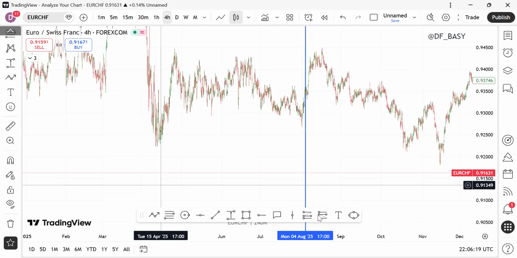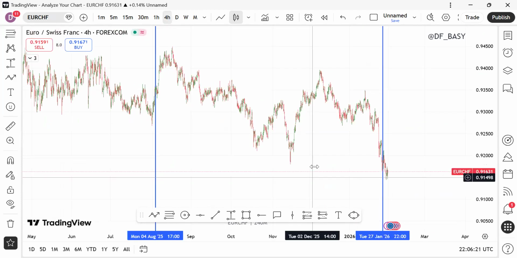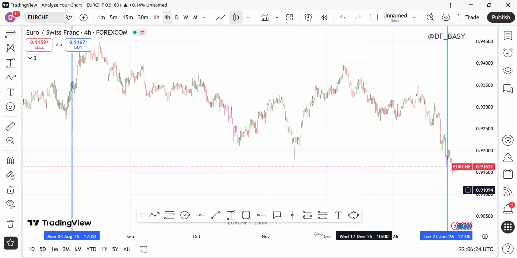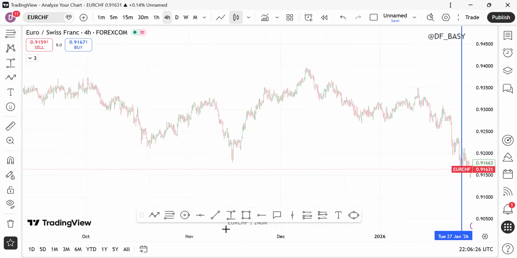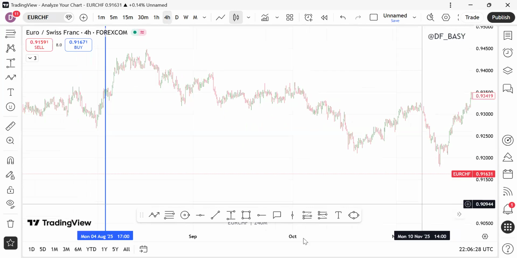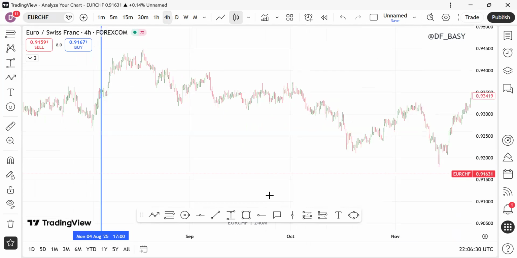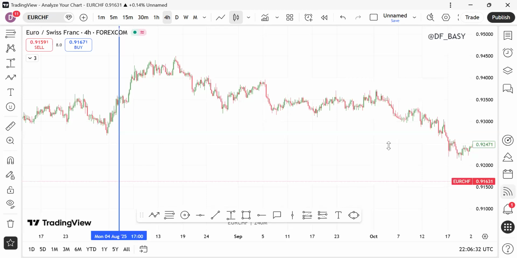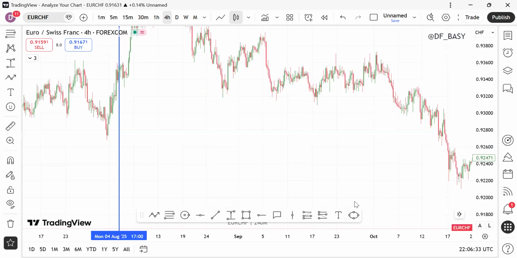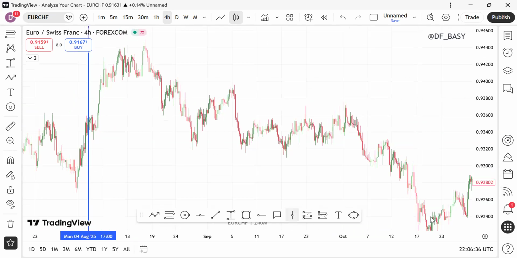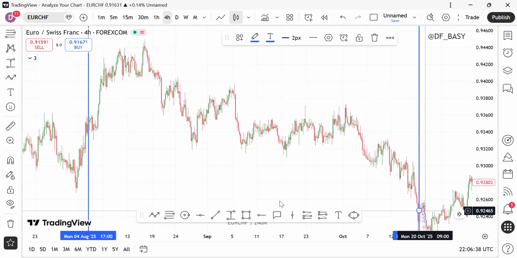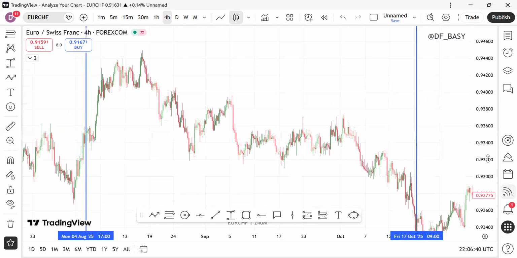All right. So now from here, you can clearly see the market structure over here. Now, look at this market structure from here to here. What can you see? You can see a downtrend.